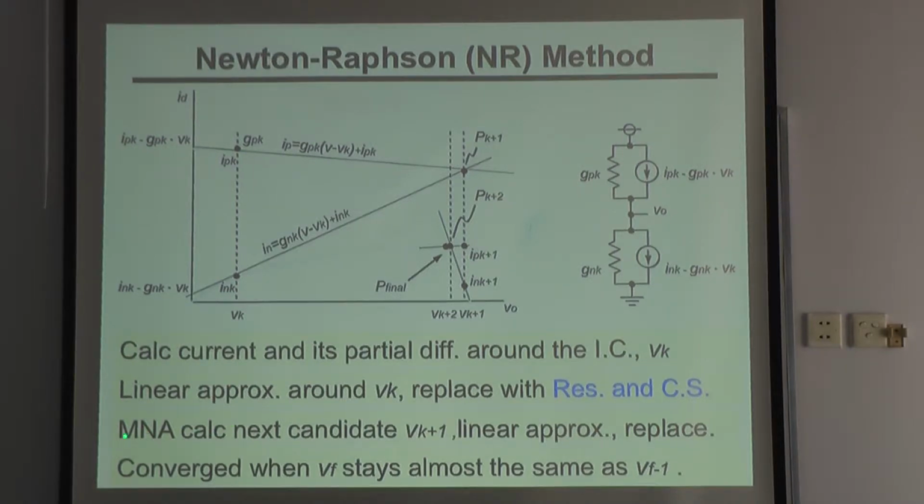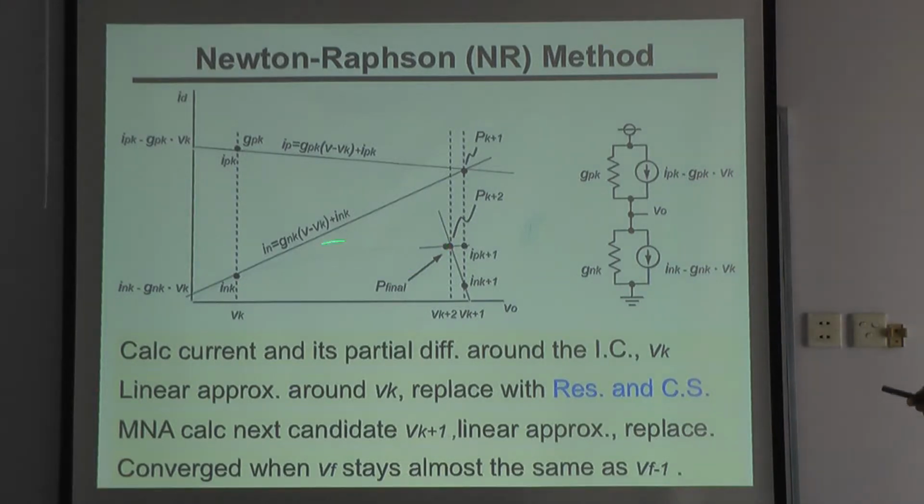And modified nodal analysis calculates the next candidate. Again, linear approximation and replace, and so on. And these two curves converge when the final V stays almost the same as V at n minus 1.